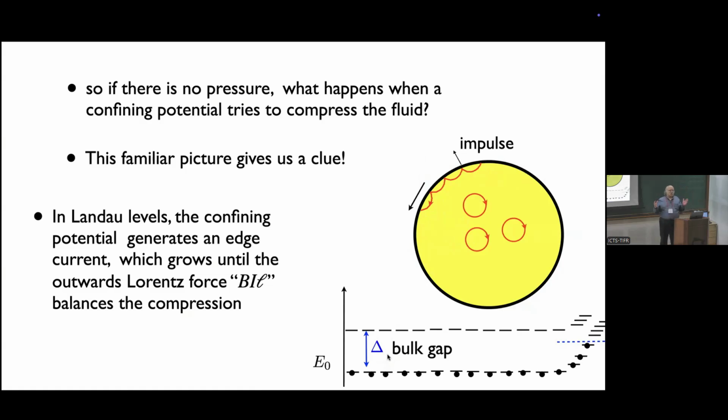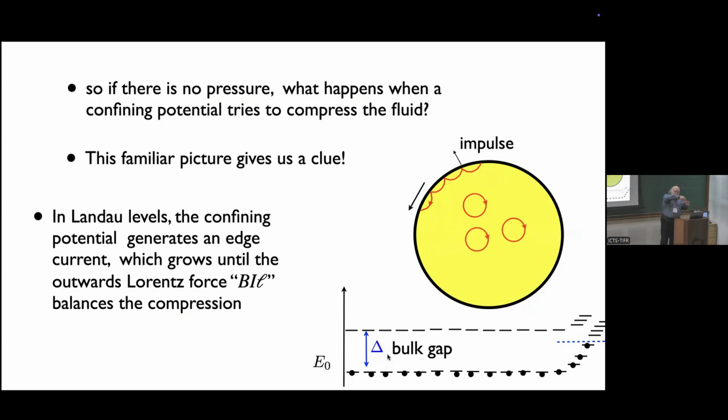If I put it in a container, I've got some potential wall on the outside, I'm pushing it inwards. What happens when I squeeze it? There's no pressure to go up, so it's not behaving like a standard fluid. In a standard fluid, I squeeze on it, the pressure goes up until the pressure inside balances the external force pushing on the walls. Here I try to squeeze it.